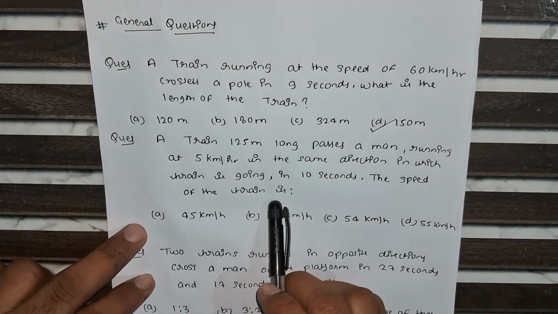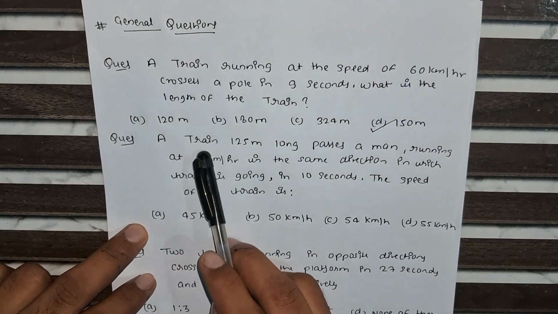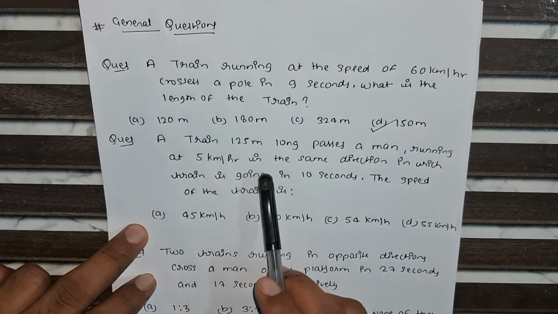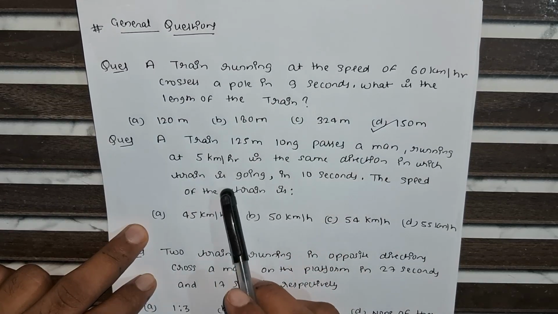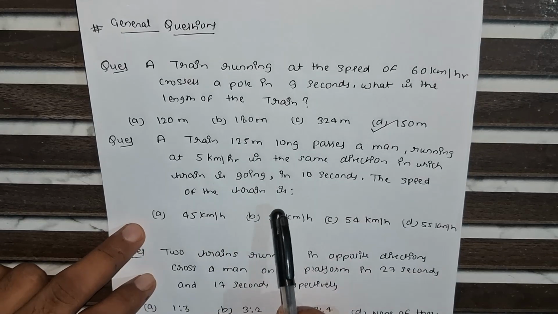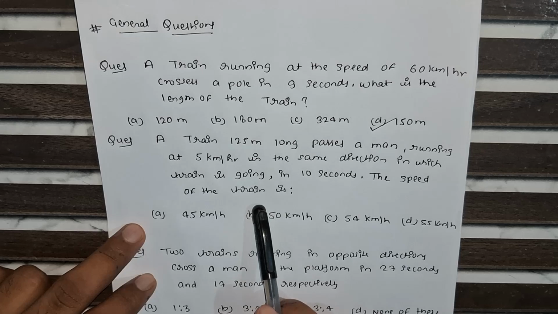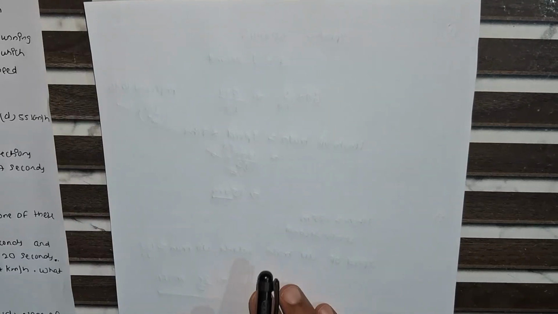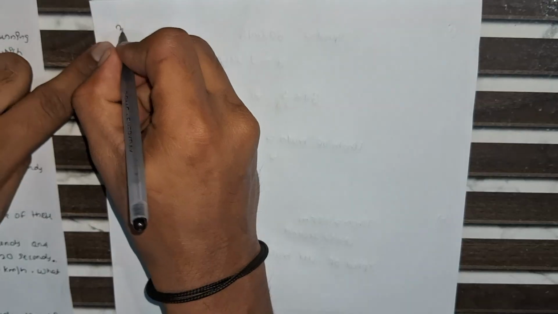Now we are going to solve the second question: a train 125 meter long passes a man running at 5 km per hour in the same direction in which the train is going in 10 seconds. Find the speed of the train. First we find the speed of the train relative to the man, because the man is also given in this question. This is problem number 2.